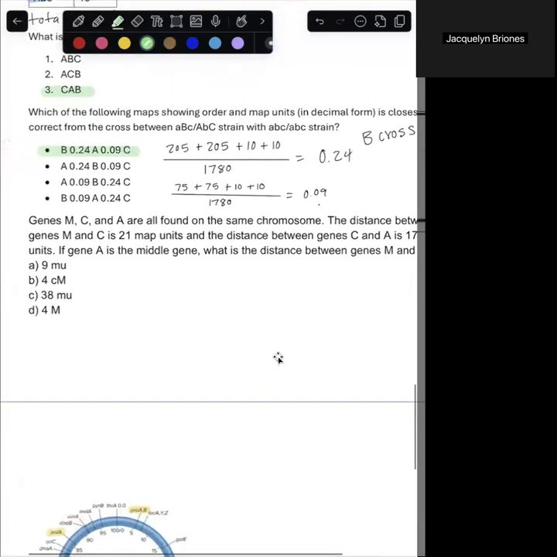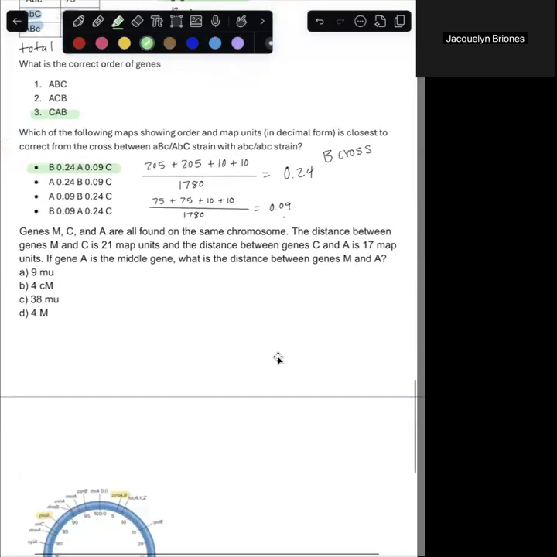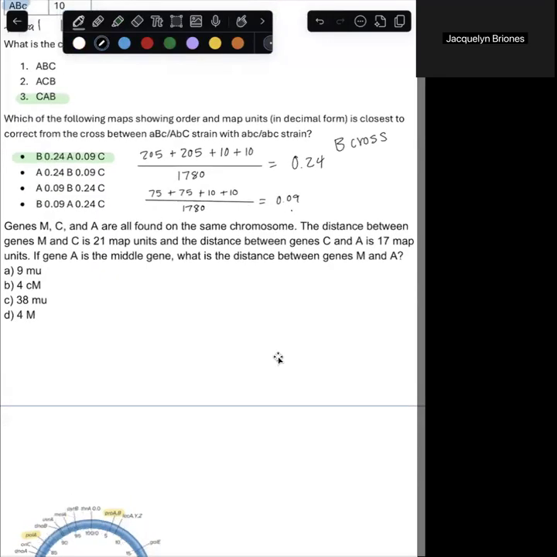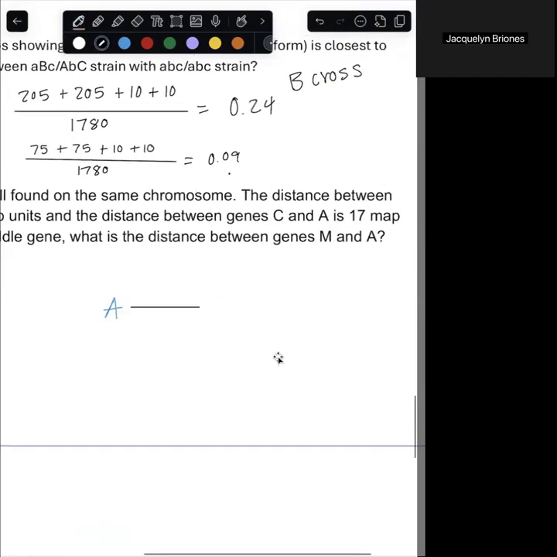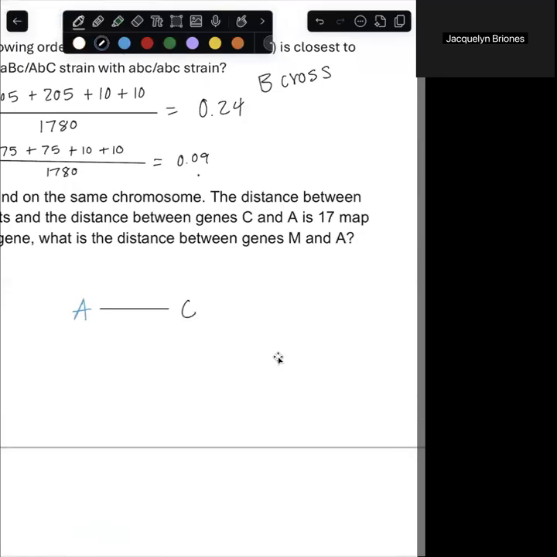Okay. M, C, and A are all found on the same chromosome. The distance between genes M and C is 21 map units. The distance between gene C and A is 17 map units. If gene A is the middle gene, what is the distance between M and A? So we know A is our middle gene, and they give us the distance between A and C, 17.